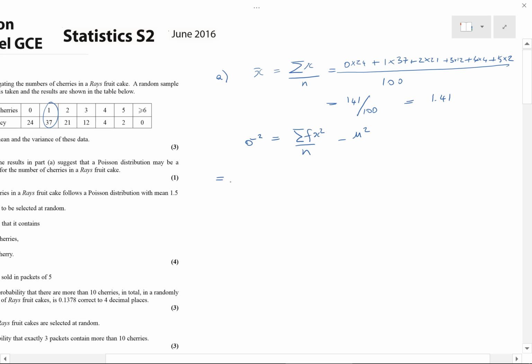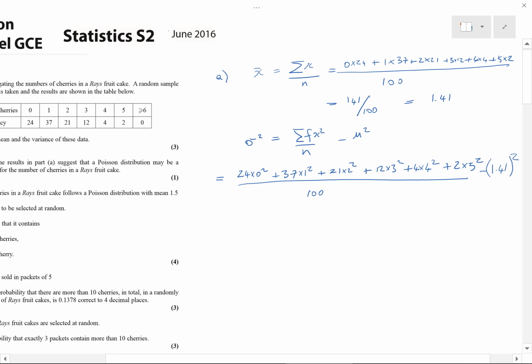So that will be equal to 24 times 0 squared, and then 37 times 1 squared, and then 21 times 2 squared, and 12 times 3 squared, 4 times 4 squared, and 2 times 5 squared, all over 100, take away 1.41 squared.